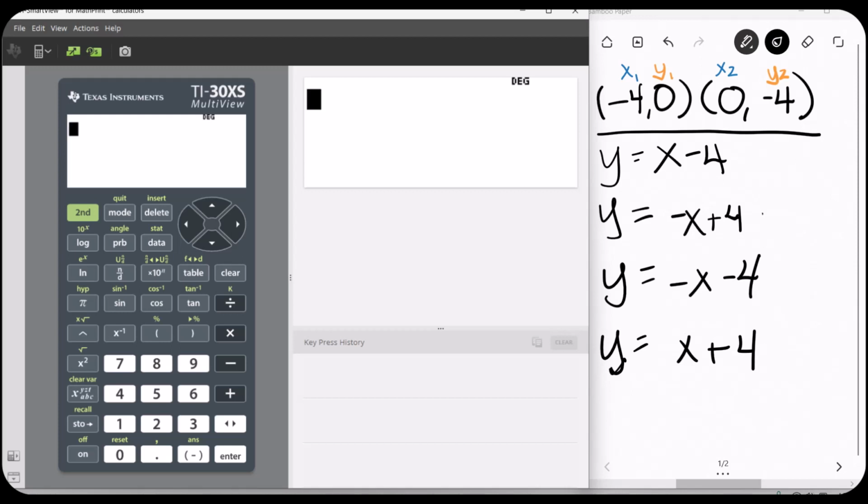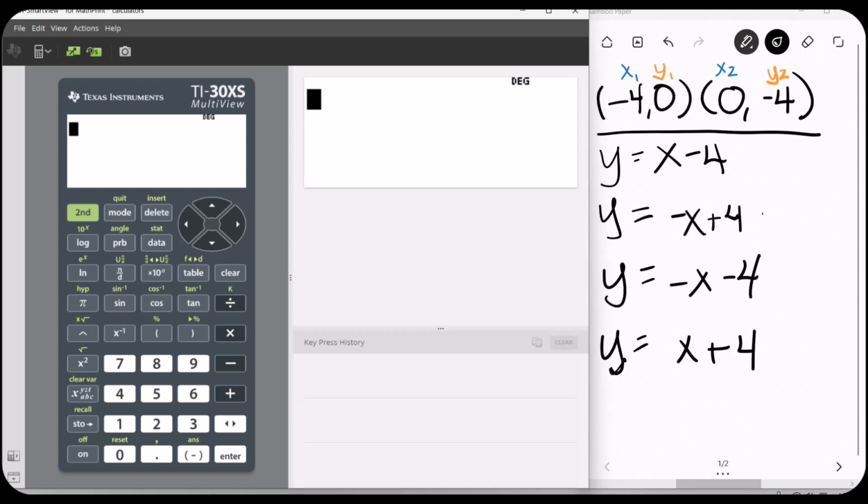So I labeled those X1, Y1, and then the second point X2, Y2. Once again, if you decide to actually go through and use the slope formula and the slope intercept formula to find this answer, more kudos to you. But on the exam, they will not do that for you, just so you're aware.